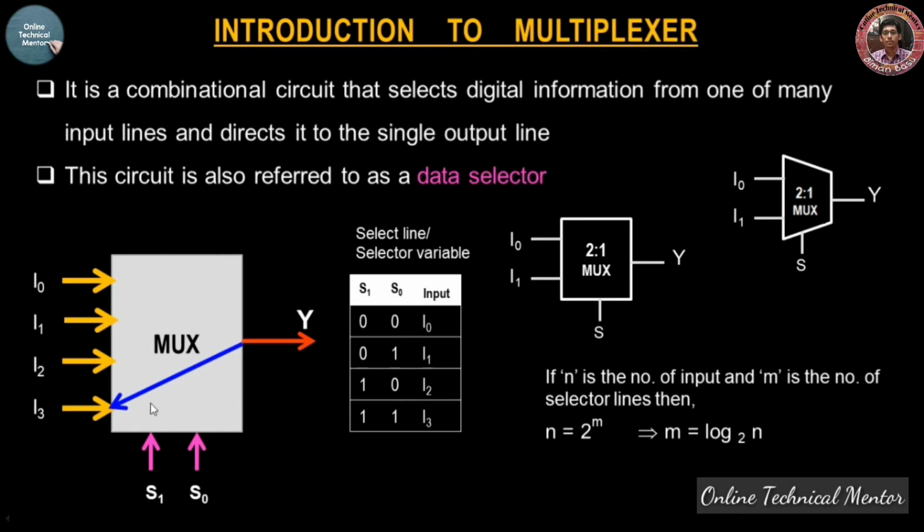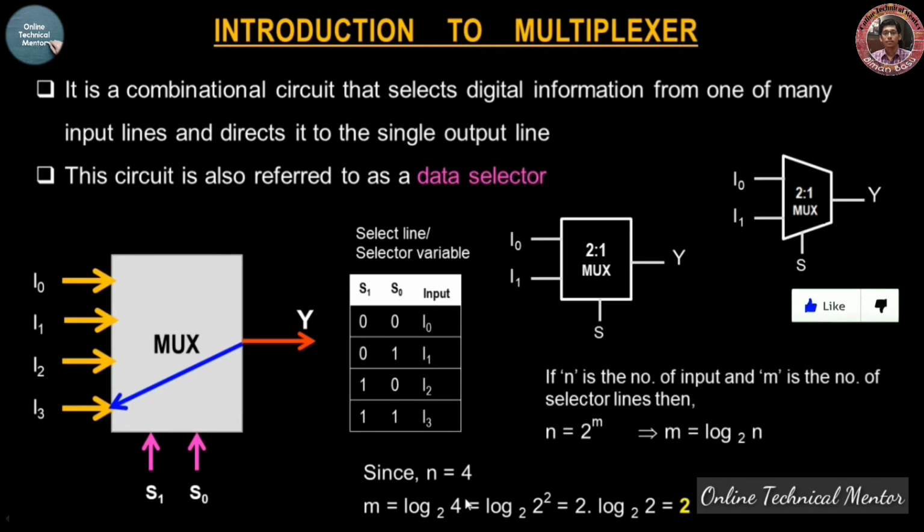Now look at this diagram. In this multiplexer, there are 4 inputs. That means n is equal to 4. Now you have to calculate the number of selector lines. So how many selector lines will be required for this multiplexer? Here is my formula, m equal to log 2n.